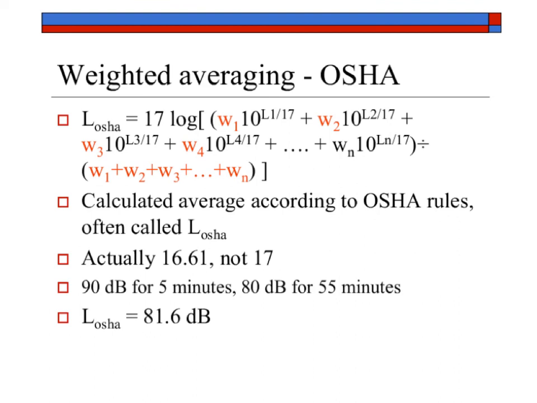So if we put the numbers in the formula just as we did for the LEQ example, 90 decibels for 5 minutes, 80 decibels for 55 minutes, we get the LOSHA is 81.6 decibels rather than the 82.4 that we had for the LEQ for the same sound level at the same time. It's just a question of a strict time-weighted average versus a modified one used by OSHA.